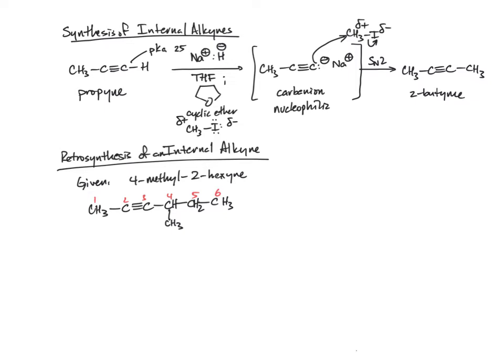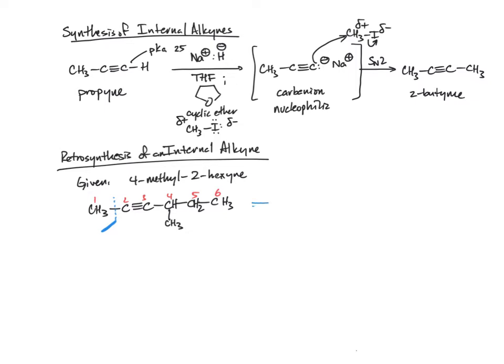And the reason this is important is because molecules can get pretty complex, and we want to break them down into very simple starting materials called feedstocks. And in this particular example, we can cleave with a dotted line. I want to say we can cleave here between carbons 1 and 2.